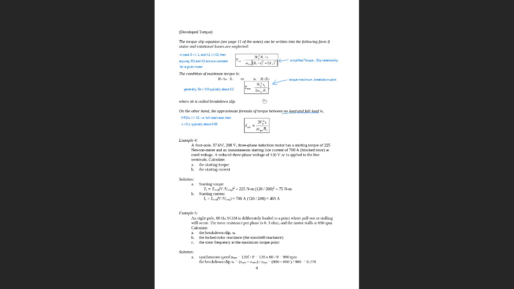So you have factor 2 here, but not here. Here you just have 3, since this is for 3-phase motors.